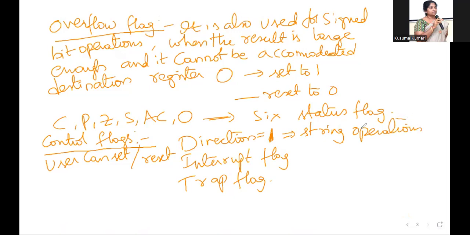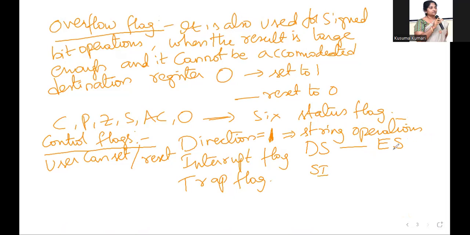Already I told you for the string operations, we use 2 segments, the data segment and the extra segment. For the data segment, the offset address is available in the source index register.